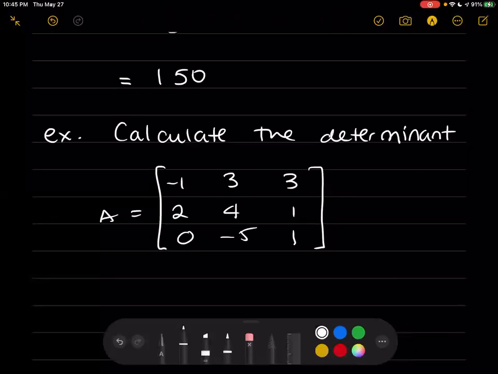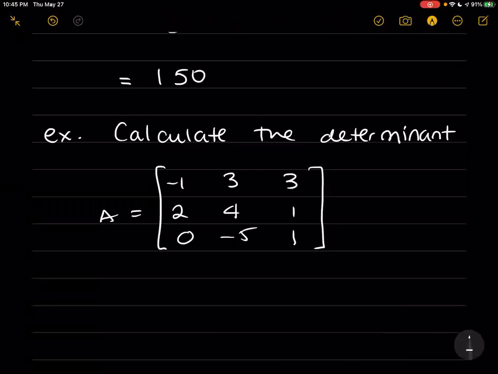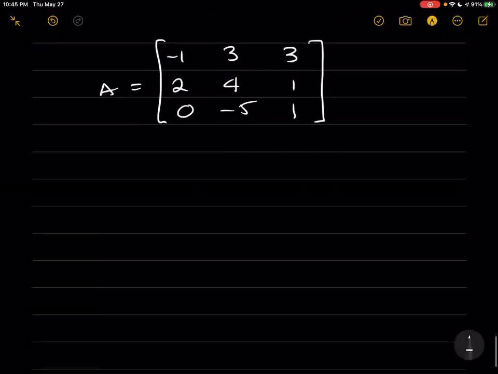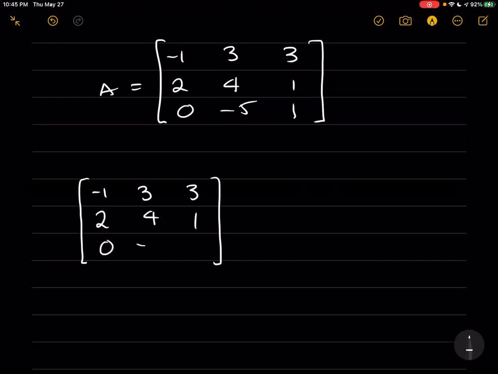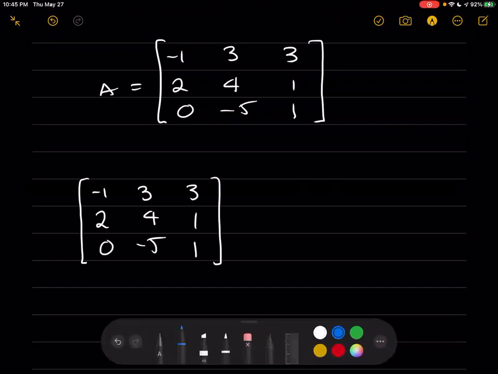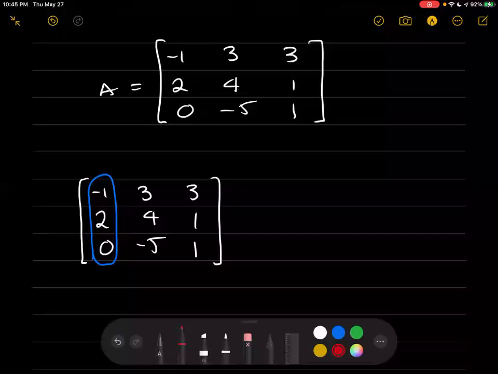So let's go ahead and do this, but now let's look at what happens when we want to focus on a column. So I'm going to go ahead and focus on the first column, because why not? If we do that, we're going to do the same sort of thing, just flipped around a little bit.